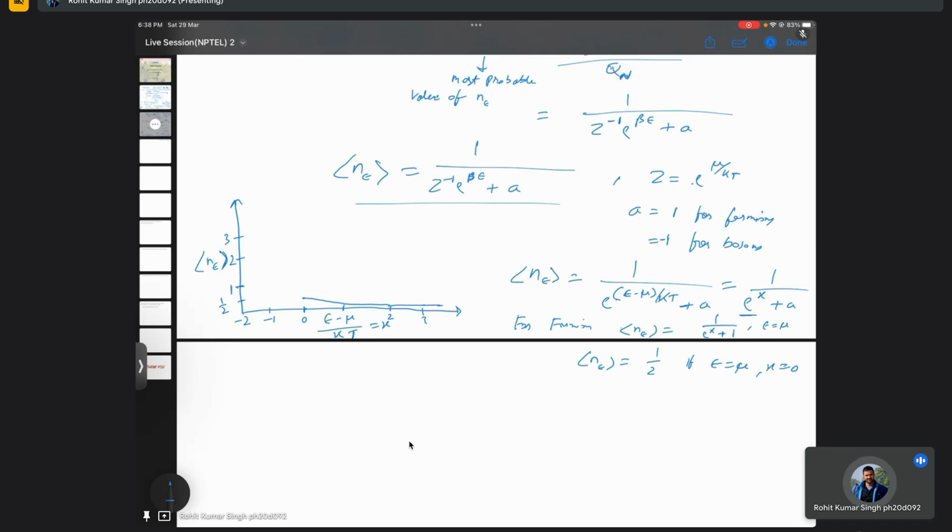Now what will be the maximum value in this case? Any idea?